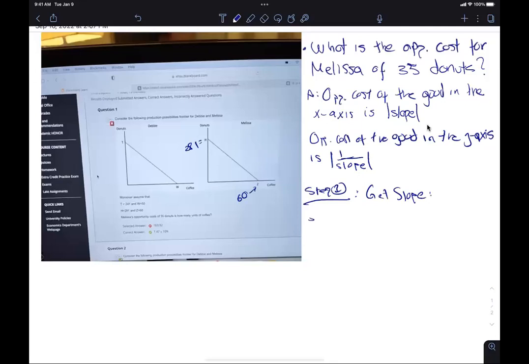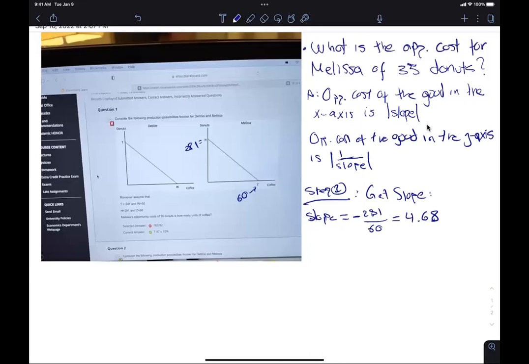So I'm going to get the slope of Melissa's PPF. The first thing I gotta remember is that it's negative because it's going downhill, and it's the rise over the run. In this case it will be 281 divided by Z, which happens to be 60. 281 divided by 60 is 4.68.